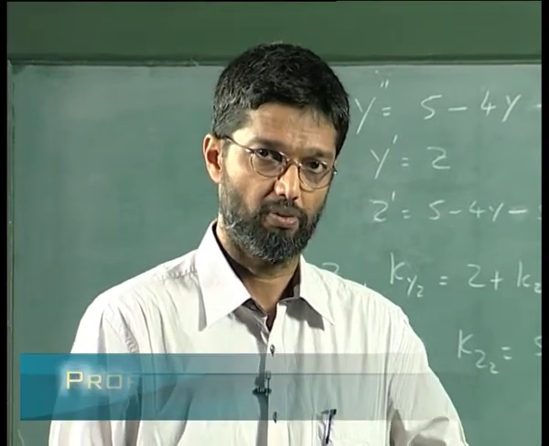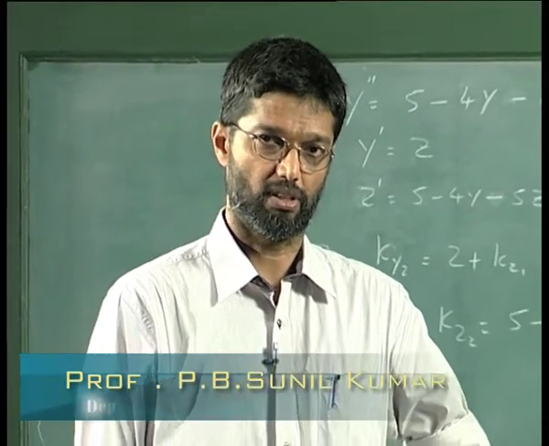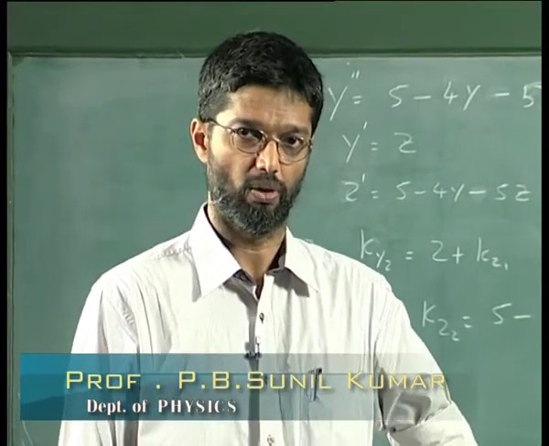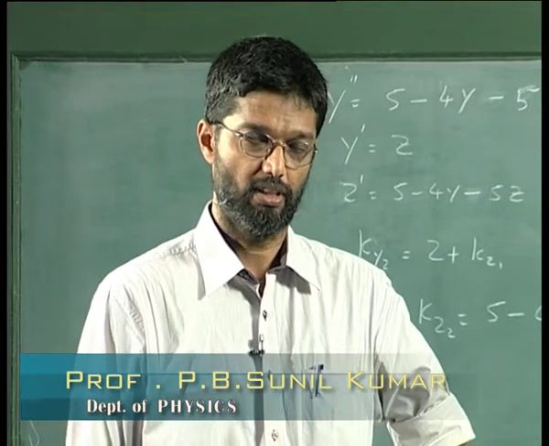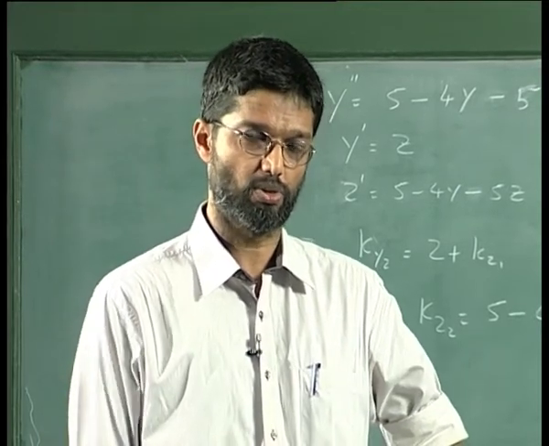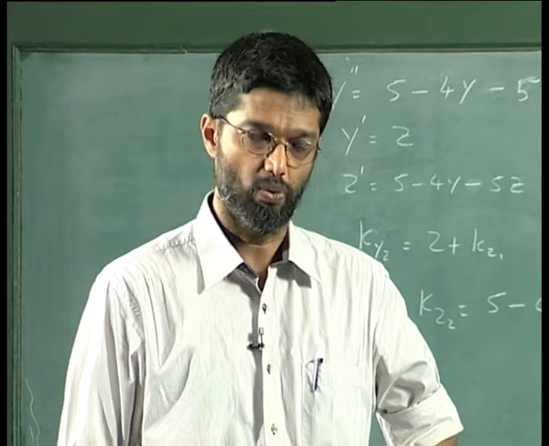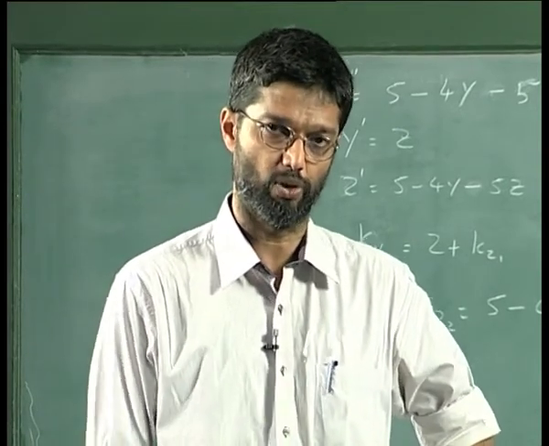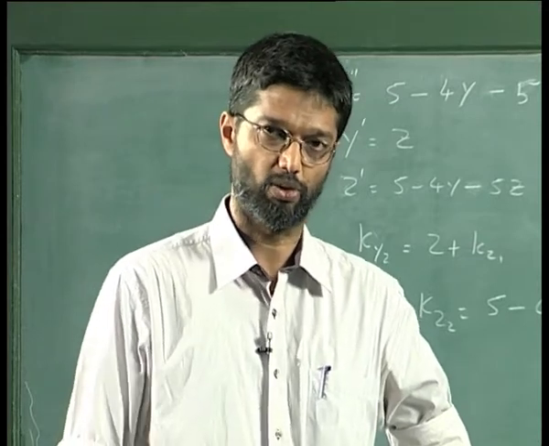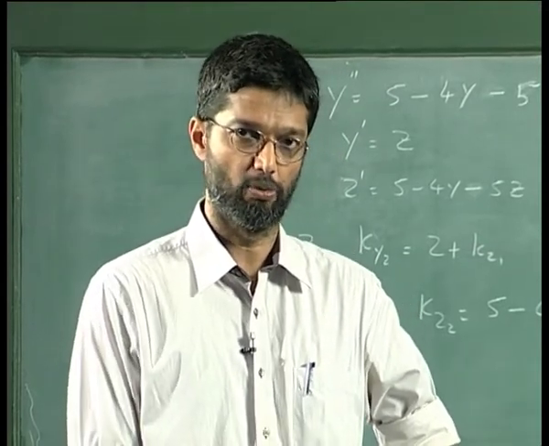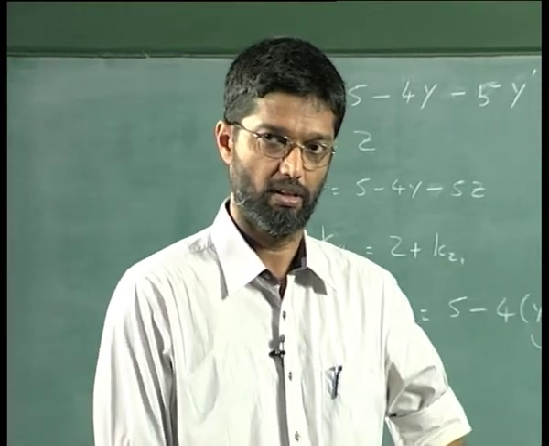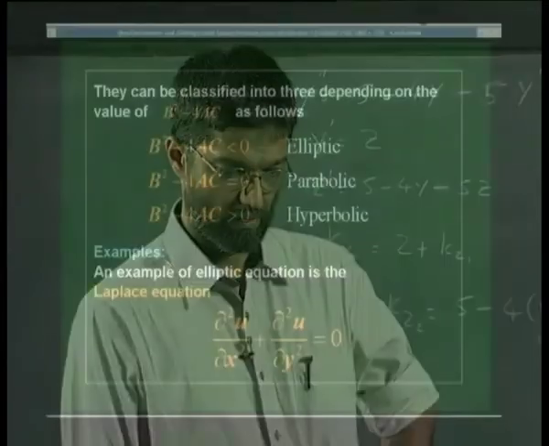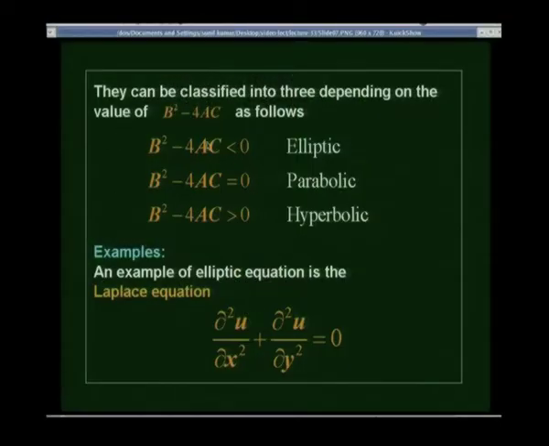There are very few methods general enough that you can use them for a class of problems. The technique you use depends very much on sometimes even the coefficients sitting in front of these derivatives, the range of those coefficients, etc. We will look at that in the coming classes. So here let's just see this as 3 different classes, where b squared minus 4ac less than 0 is elliptic.